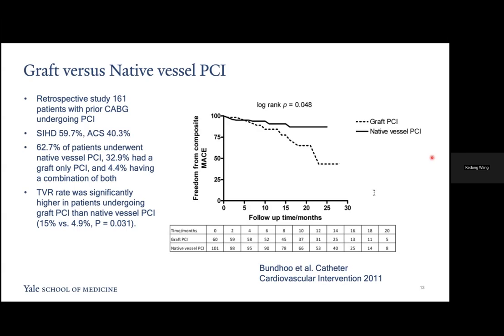And in general, no reflow occurred at a much higher rate compared to native vessel PCI. Other things to mention about this trial: drug-eluting stents were used in the majority of the cases, and an embolic protection device was used in 35% of the cases. So not quite a high number.